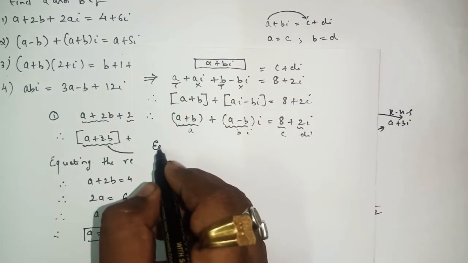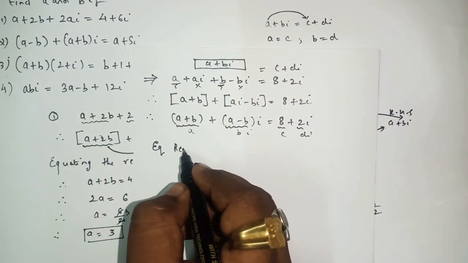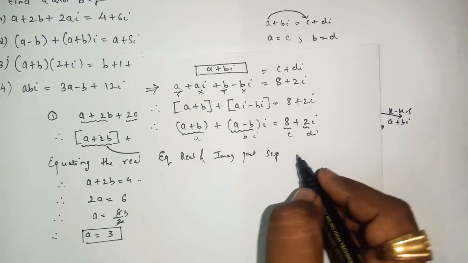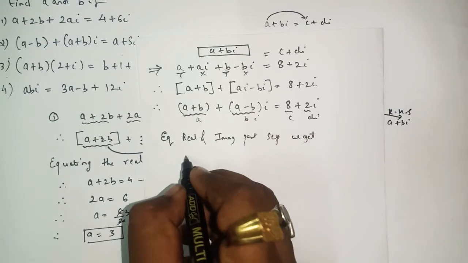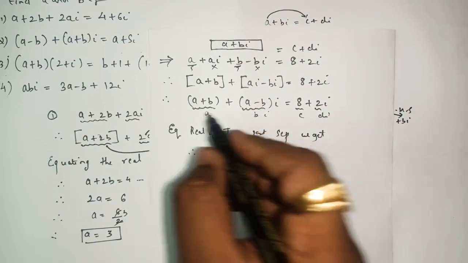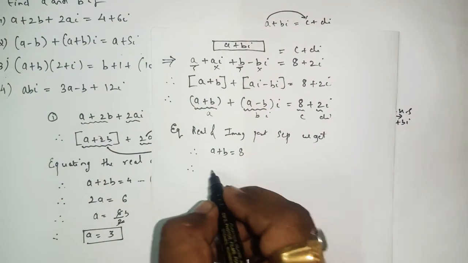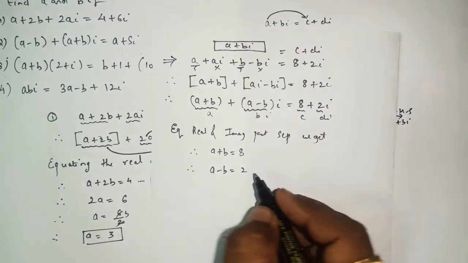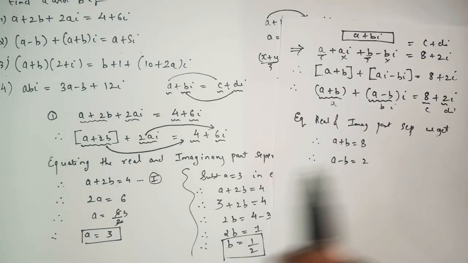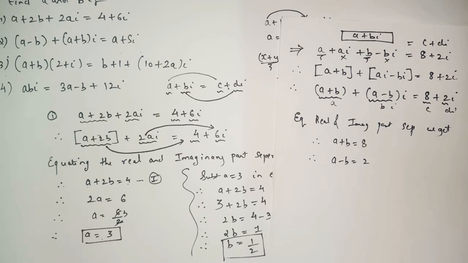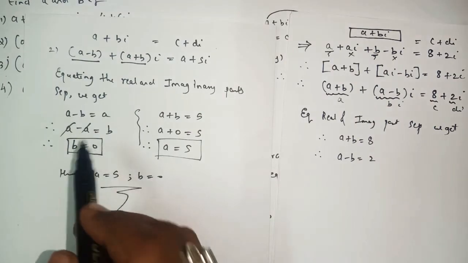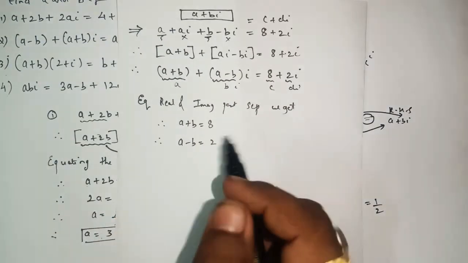So simply you will write, equating the real and imaginary part separately, so we get a plus b equals 8, as a and c are the real part, and in place of b it is 2. In the earlier sums we got one equation and a direct answer, but in this case we got both the equations.